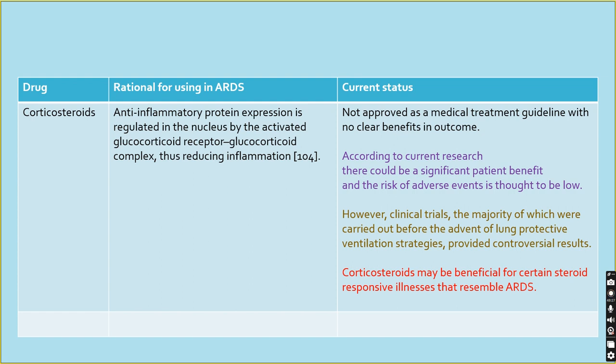What is the current status about the steroids? It is not approved as a medical treatment guideline with no clear benefit in outcome. According to current research, there could be significant patient benefit and the risk of adverse event is thought to be low. So initially we thought that steroid may cause more damage and more chance of infection, but the recent studies are going in favor of steroid.